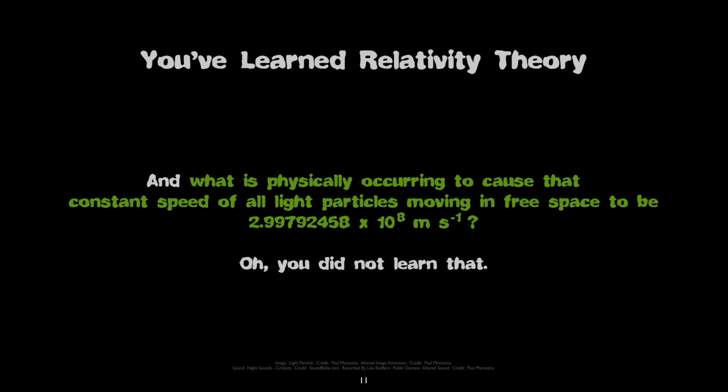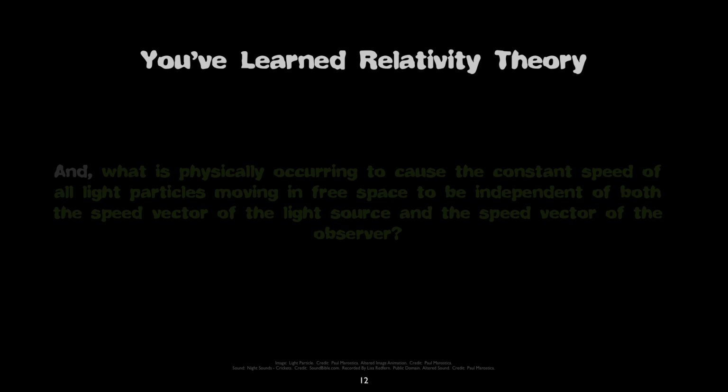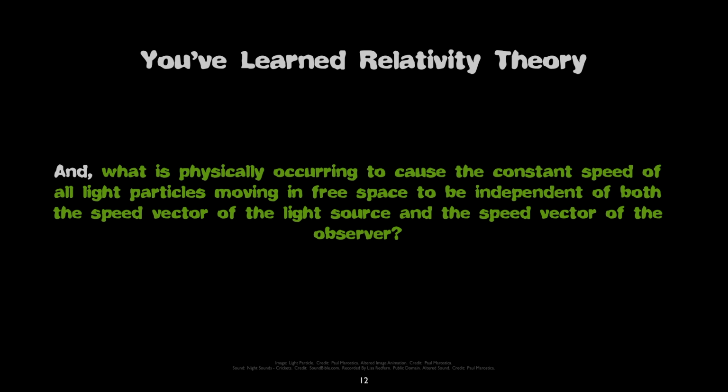Oh, you did not learn that. And what is physically occurring to cause the constant speed of all light particles moving in free space to be independent of both the speed vector of the light source and the speed vector of the observer? Oh, you did not learn that.